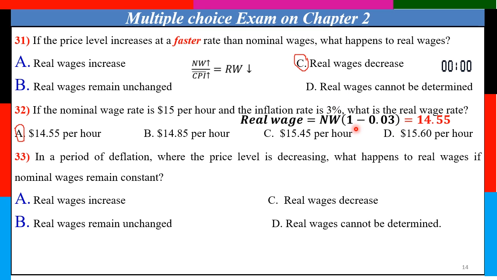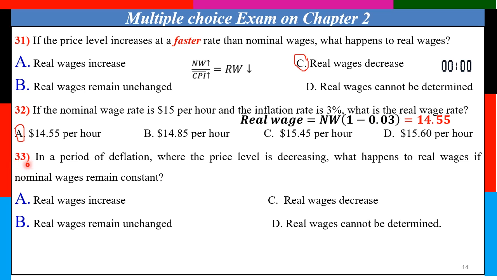Therefore, the nominal wage is given. It is $15. $15 times 1 minus 0.03, which is equal to $14.55.